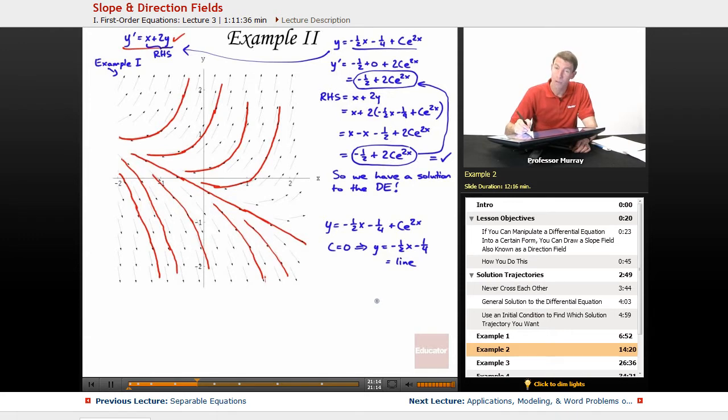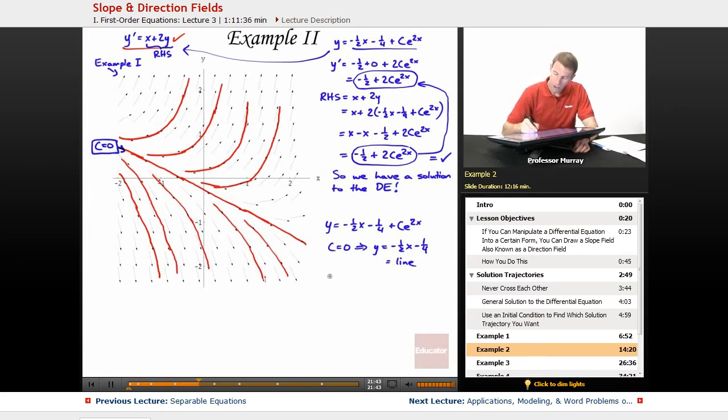And it's a line with negative 1/2 slope. And I see that right here in the middle of my graph. It's this line right here in the middle. So let me flag this solution trajectory. This line is the line corresponding to c equals 0. So that's the solution trajectory corresponding to c equals 0.